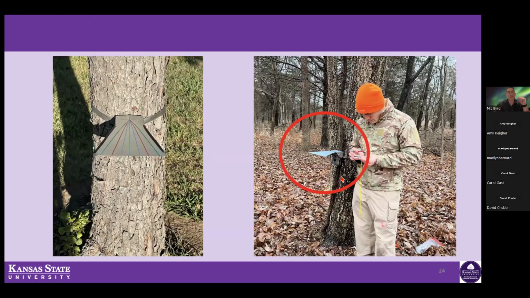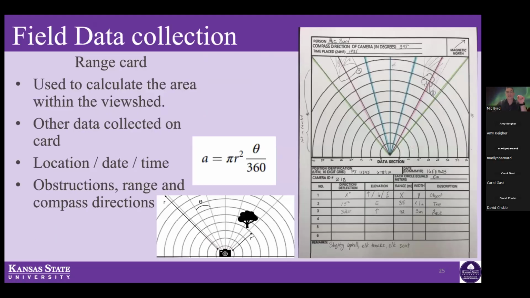And so I came up with this camera topper, which has a lens angle of 40 degrees. And we were able to put this on top of each one of our cameras during installation to try to capture the viewable area within our view shed. And so basically what that means is, this is a range card that we had used in the Army for gun positions. I figured I could just repurpose it.